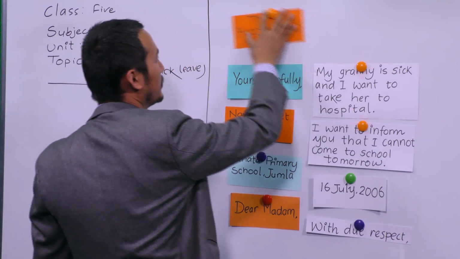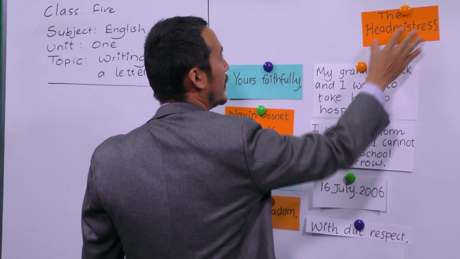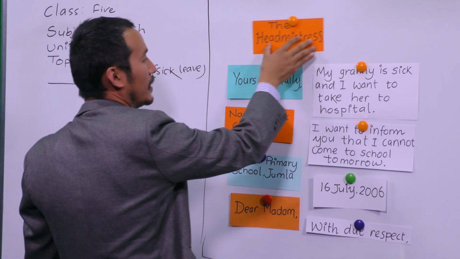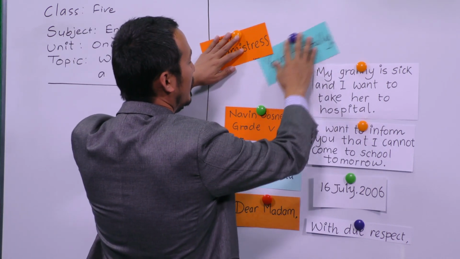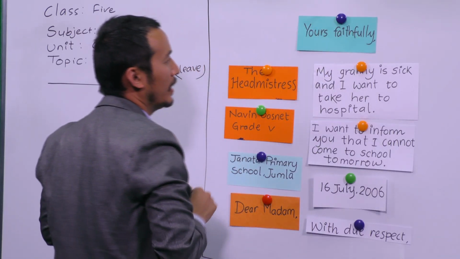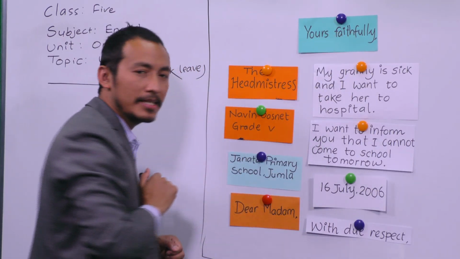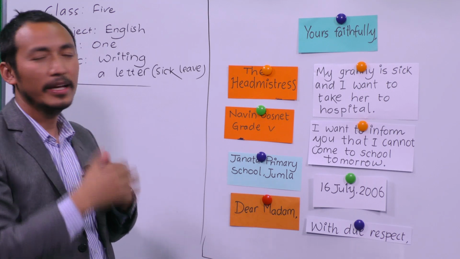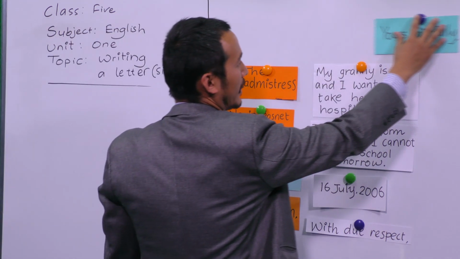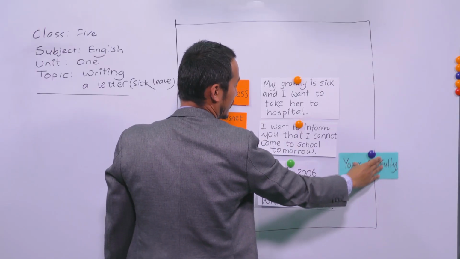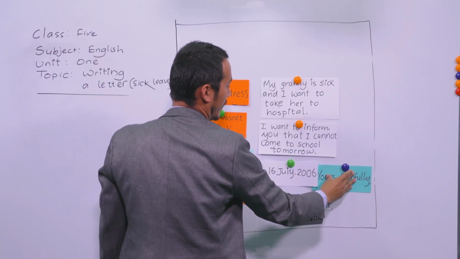Where was it? Was it here or was it there? What do you think? It was somewhere here, right? Was it at the beginning or at the end? Can you imagine where it is? Is it here? Okay, I guess.